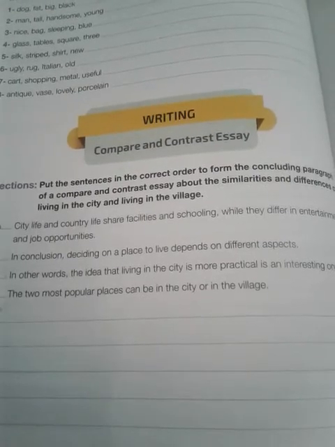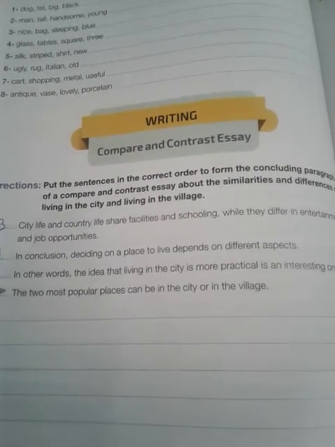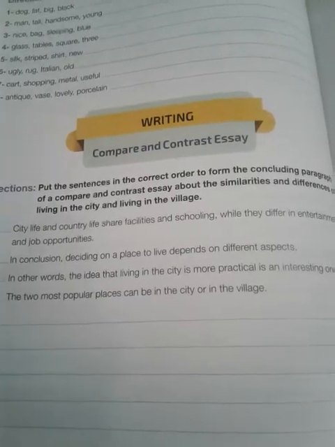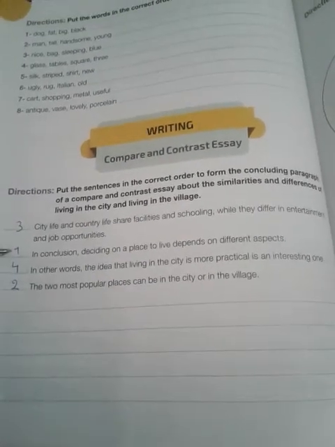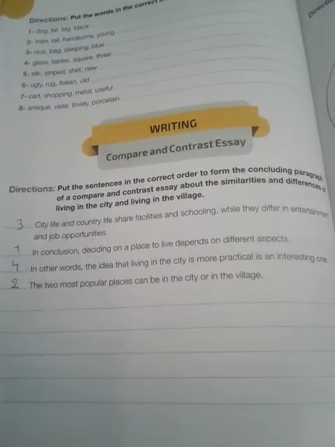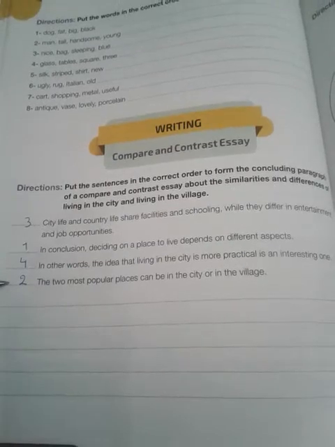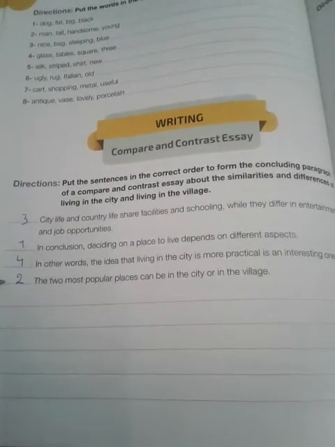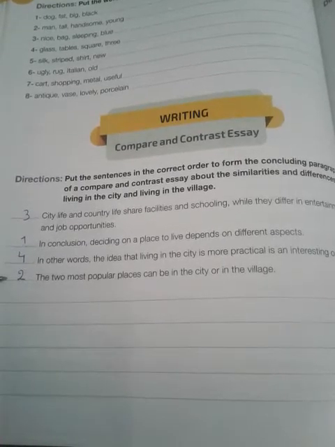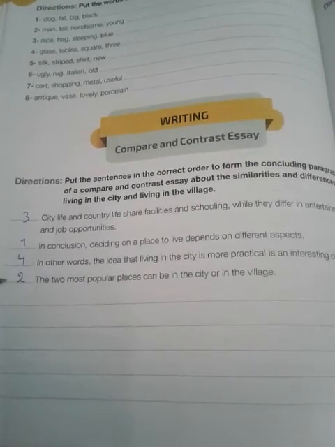I've got now 3 and 2. The two most popular places can be in the city or in the villages. So I've got number 1: In conclusion, deciding on a place to live depends on different aspects. I'm going to say which two places I'm going to compare now. The two most popular places can be in the city or in the village. That's the thesis statement.